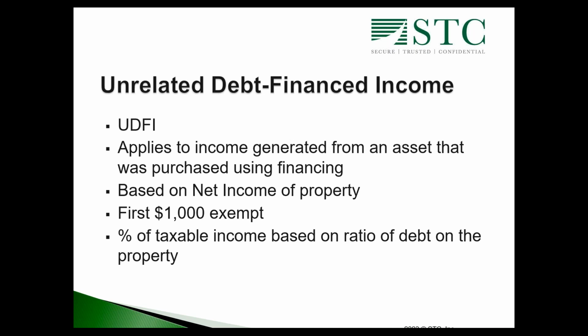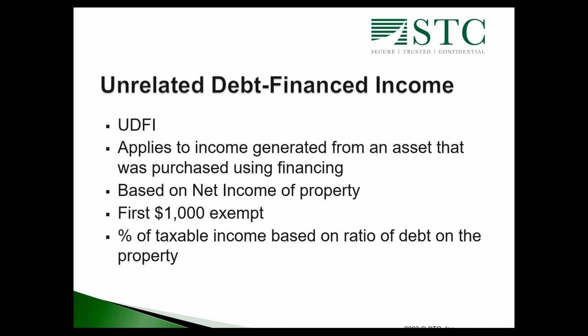So let me just give you a general example. If you financed 50% of a real estate purchase, and let's say you earned $51,000, and it was a 50% debt financed property.